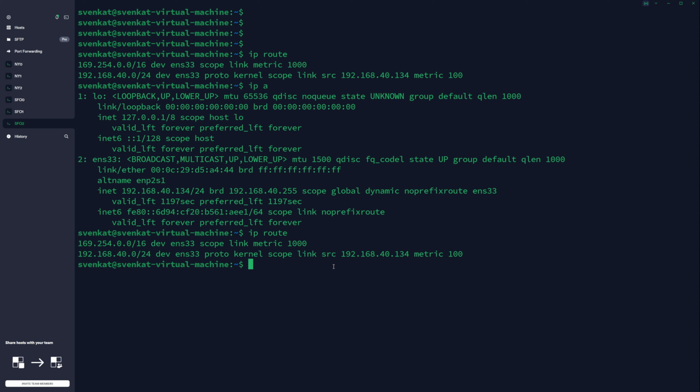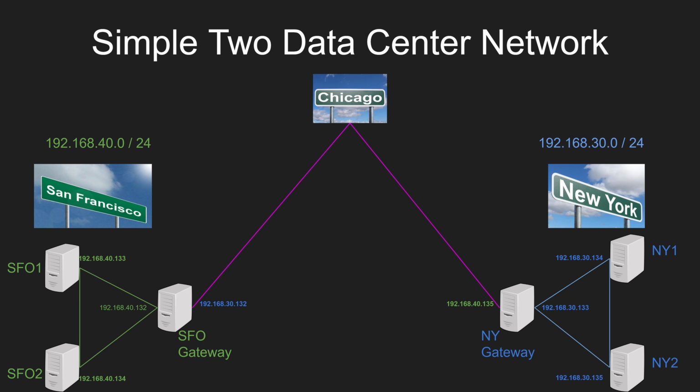So now let's talk about how the San Francisco gateway and the New York gateway are able to talk across the networks. To enable this on the New York gateway and then the San Francisco gateway, you need to do something called IP forwarding. So let's see how that is done.